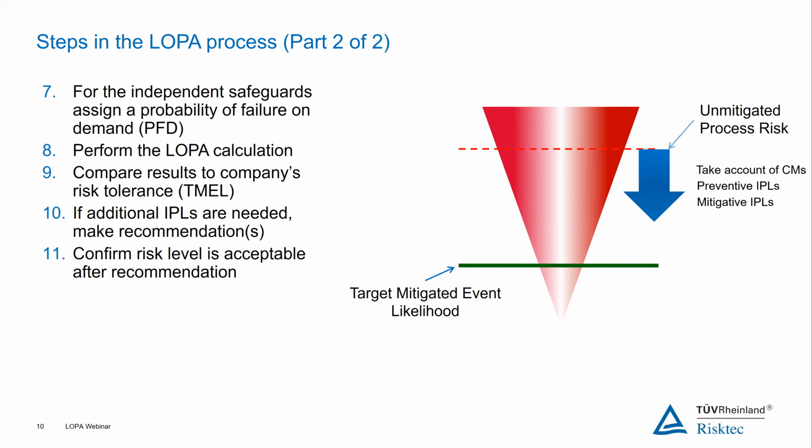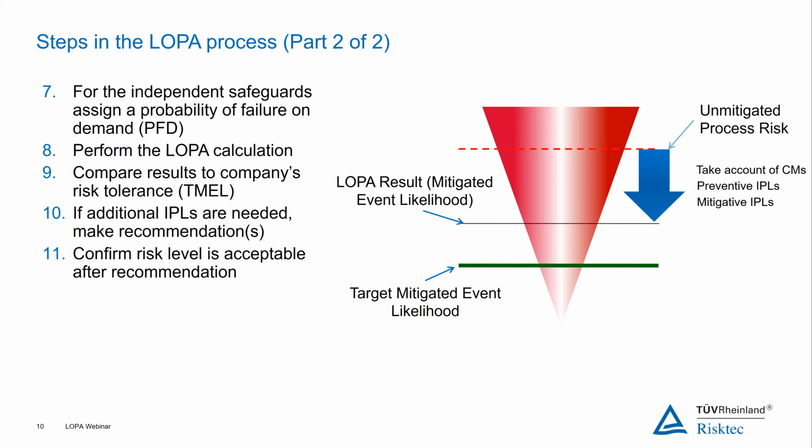What is the benefit we're getting from them, and how much are we reducing the risk from a quantitative value, taking account, if we are applying them, of conditional modifiers that we talked about in the complex LOPA. Maybe we're applying things such as ignition probabilities or occupancy factors, and taking account of our preventative and mitigative independent protection layers. And we'll end up with a level that we're at, and the result based on our current safeguards in place.